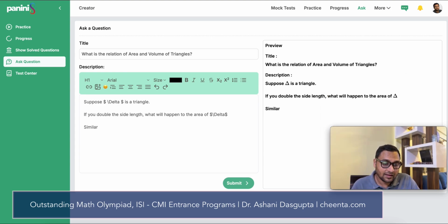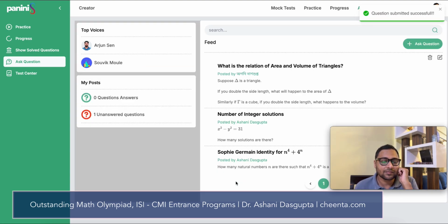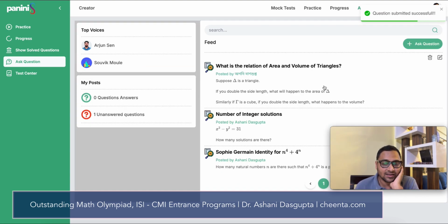Similarly, if gamma is a cube, cube means a cubical box, if you double the side length, what happens to the volume? Okay, so you see how this works, right? So I'll submit it, and it's here, and someone can respond to it if they want.